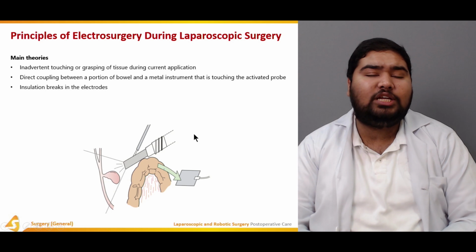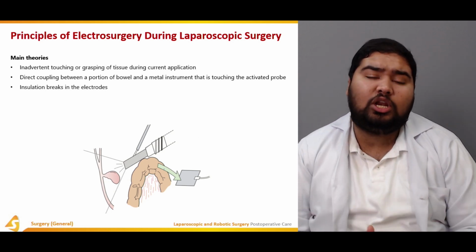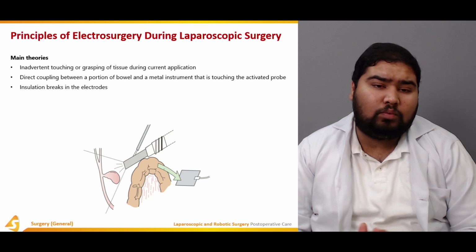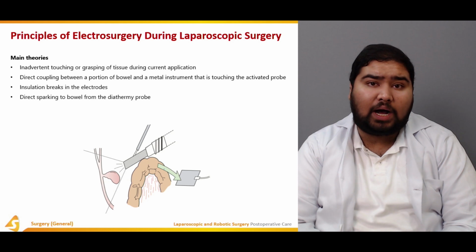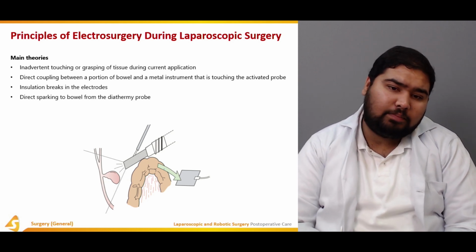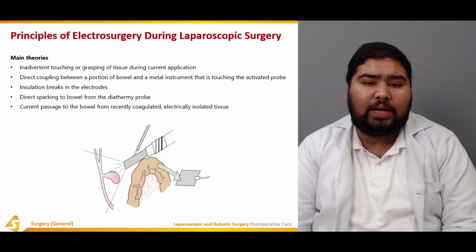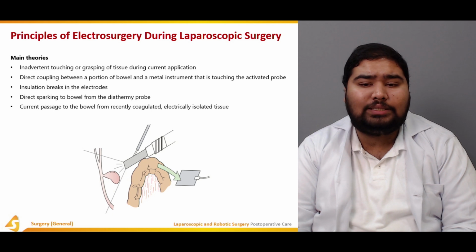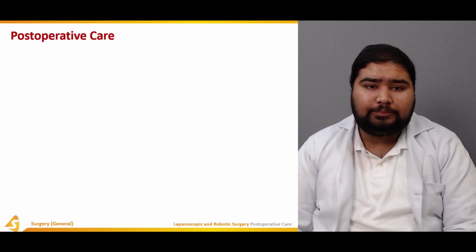Then the insulation can break in the electrodes, and hence the breakage of insulation can cause unwanted electrosurgery. Then there can be direct sparks to the bowel itself from the diathermy probe. Then the current passage to the bowel from recently coagulated electrically isolated tissue. This can be the cause.